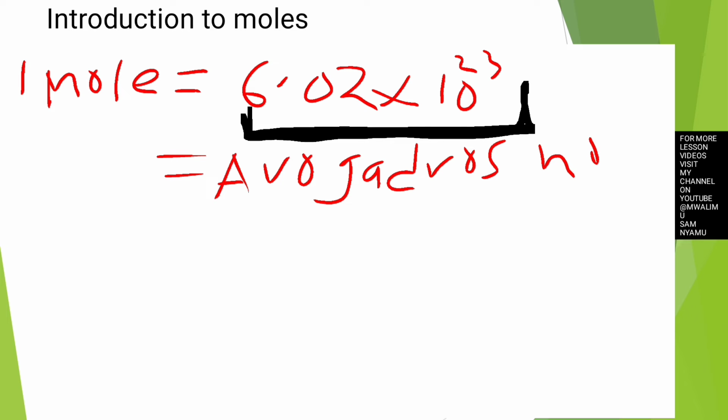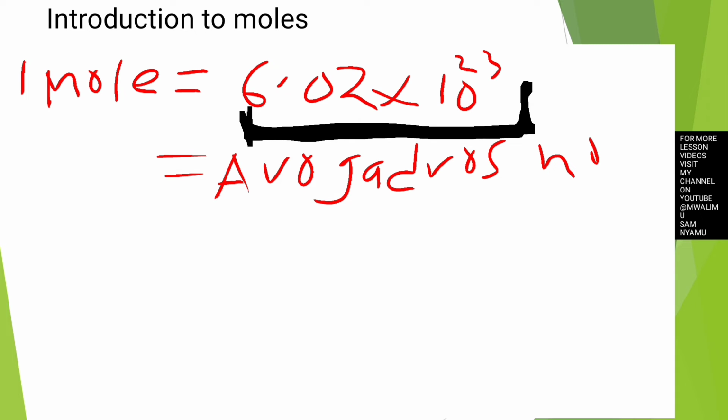What is the relevance of this number in chemistry? This number helps us determine or count the number of items in chemistry, and the items in this case are just the atoms. Therefore, 1 mole of any substance in chemistry is said to contain 6.02 times 10 to power 23 items.